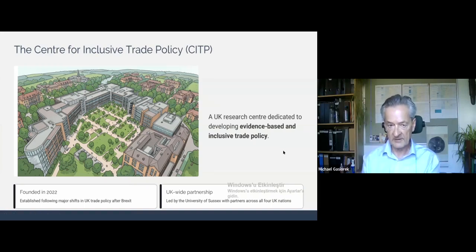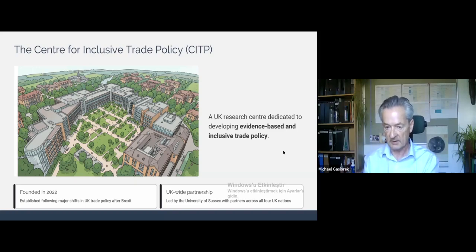I mentioned earlier that I'm director of the Centre for Inclusive Trade Policy, so let me say a little bit about that. The CITP is a UK research centre which is dedicated to evidence-based research and policy advice around the theme of inclusivity. We were founded in 2022, building on the work and success of another centre here at the University of Sussex, the UK Trade Policy Observatory, which was established immediately after the UK referendum to leave the EU.